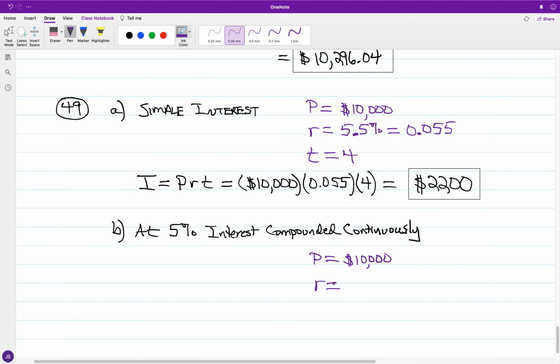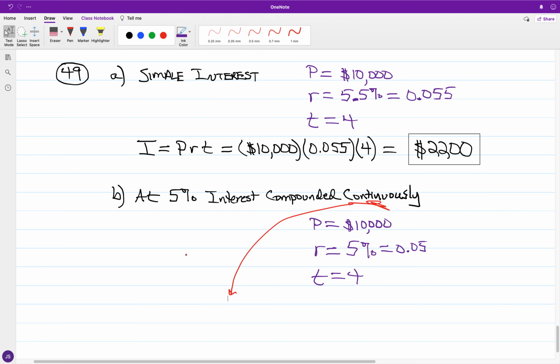Now the quoted percentage rate we have at 5%, so R we have at 0.05. And the time span we have for 4 years. Now if you had simple interest involved, of course, you're going to have less interest accumulated since 5% is a lower number than 5.5%. But just stressing what we have with continuous compounding, this is quite a different context from just the simple interest.